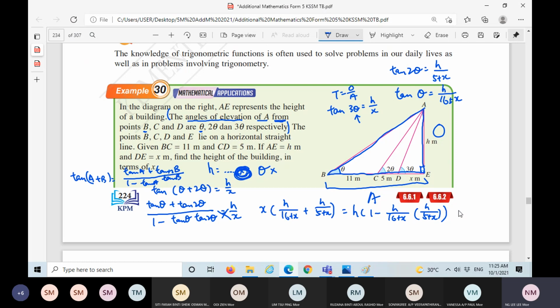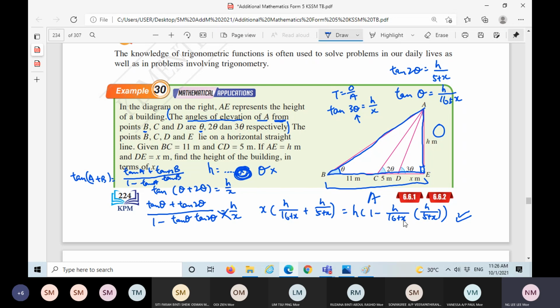Until this step I can say it's good enough. I can guess if you are able to write until this step, if let's say this question is 5 marks, you will get 4 marks already, maybe.